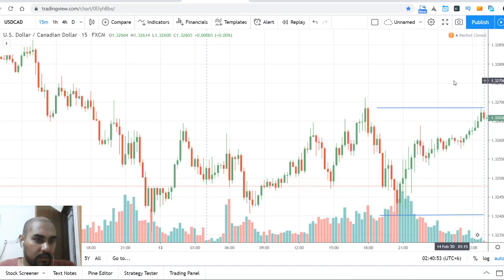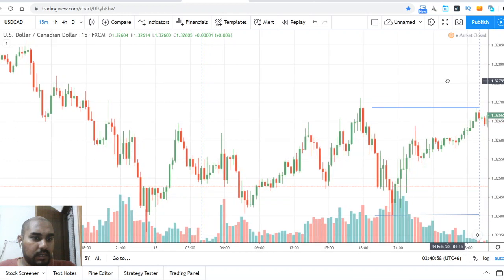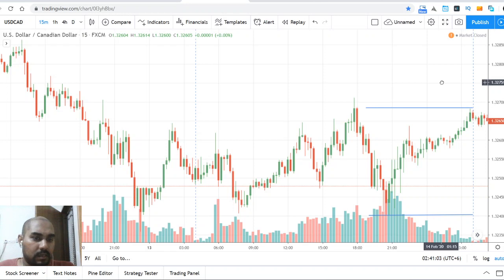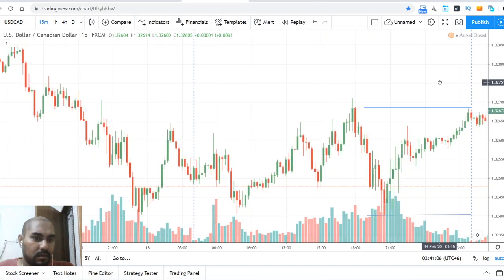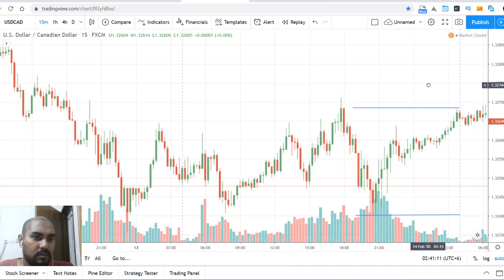Okay, so this is the beginning of Asia. I need a session breakout. Okay, it's holding right up there. This is fun to watch. The prices went right up over here, and after this move, it went up very gradually but made a 100% retracement.